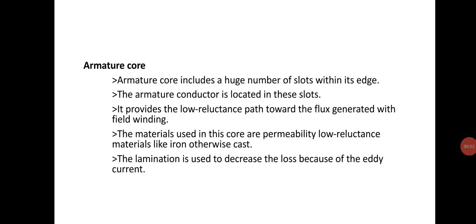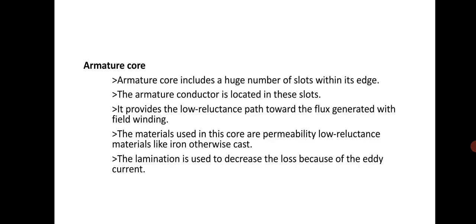Eddy current is a circulating current which is induced in a conducting material when it is exposed to a changing magnetic field. This eddy current flows only in a closed path or closed loop, not in an open loop. So simply remember, eddy currents are the circulating currents.